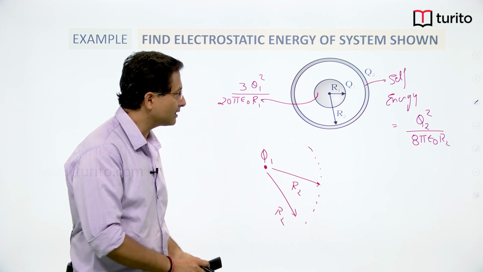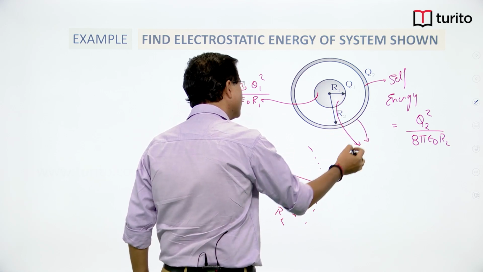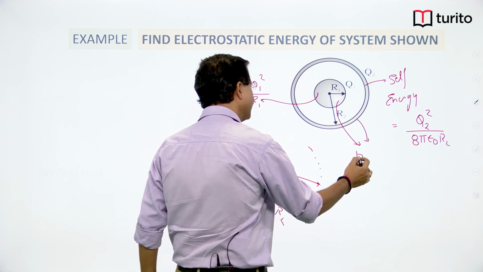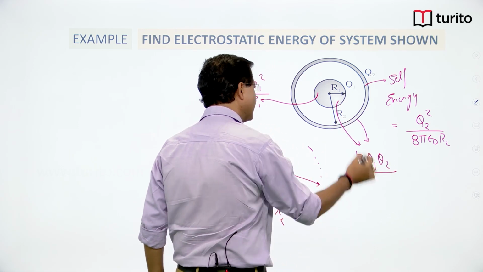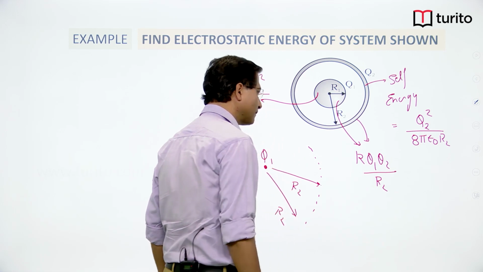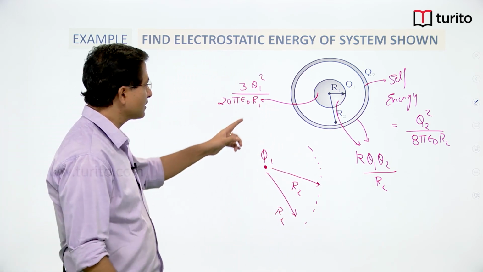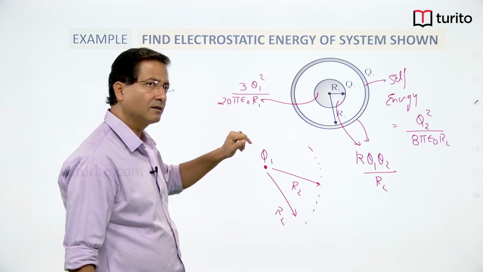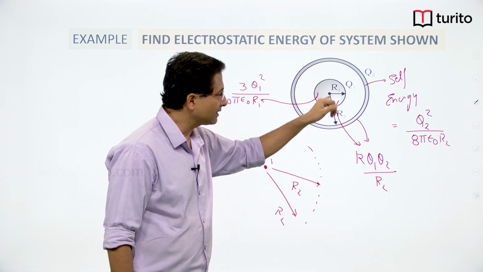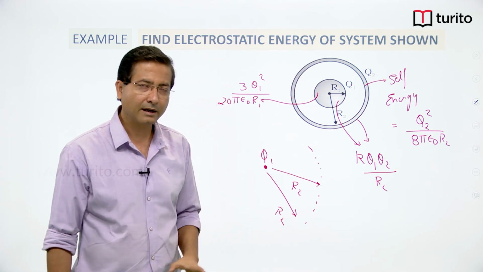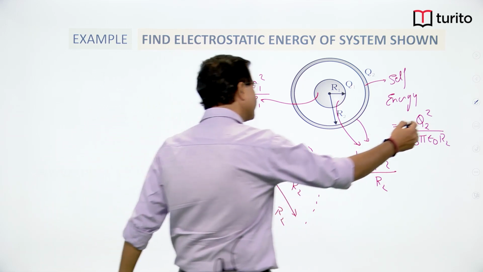So, the interaction energy associated with these two is k q1 q2 divided by the separation r2. So, now I have got the self energy of this solid, the self energy of this hollow, and the interaction energy of these two. If I add them, I will get the total energy associated.